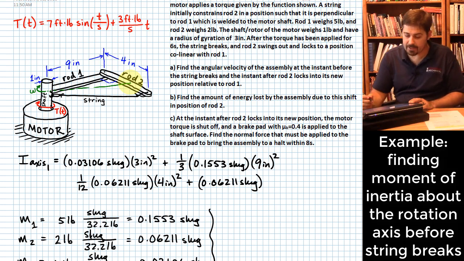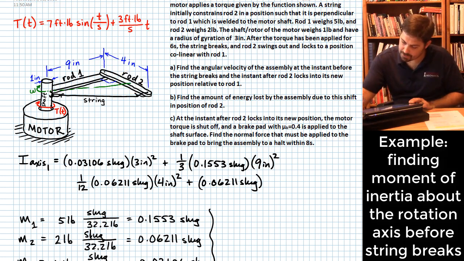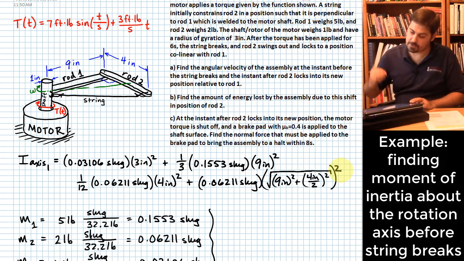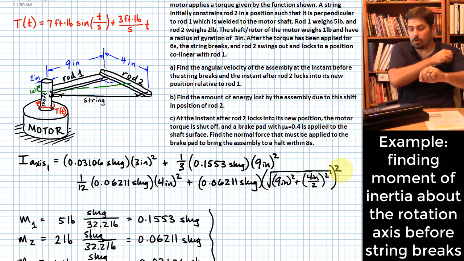And the length of that line is just going to be equal to the square root of the length of rod 1 squared plus half of rod 2 squared, okay? So maybe I'll put that in here like this. This is just going to be equal to the square root of 9 squared plus, okay, 4 inches over 2 squared. And then all of that is squared because of the parallel axis theorem part of it.